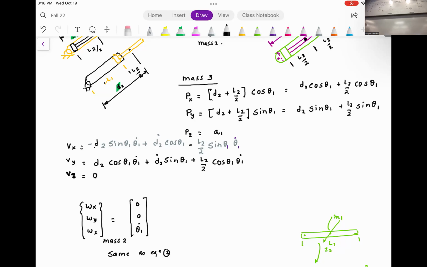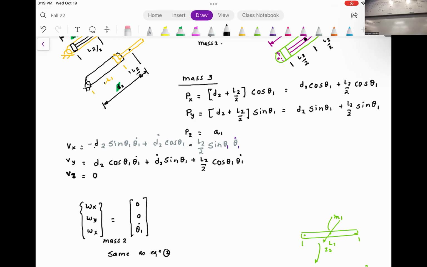One is the kinetic energy of translation, which is 1/2 M1 Vx1 square plus 1/2 M1 Vy1 square plus 1/2 M1 Vz1 square. Whatever Vx1, Vy1, Vz1 I have needs to go here, so this will be a long expression.